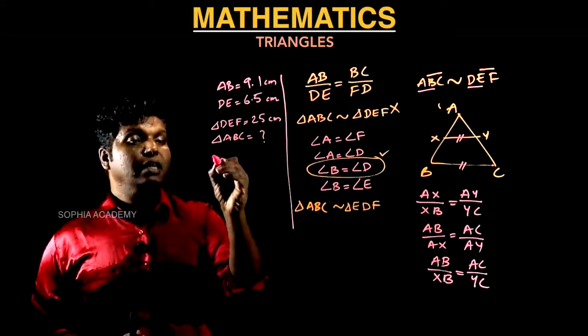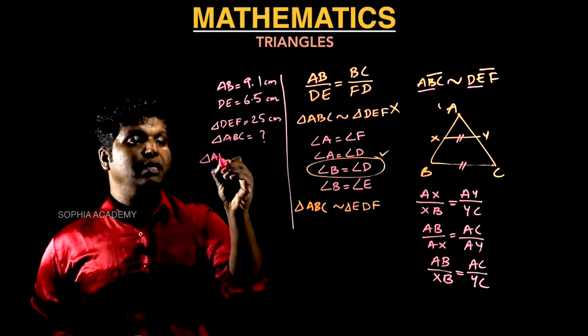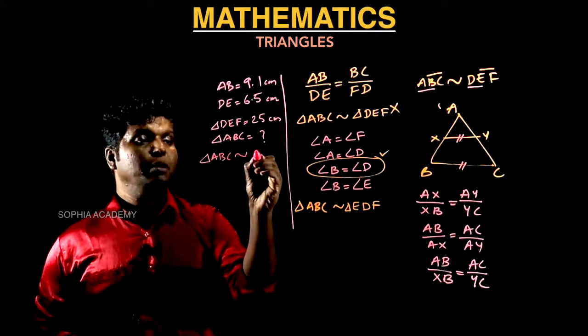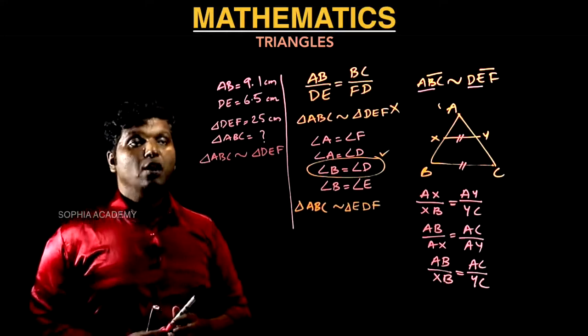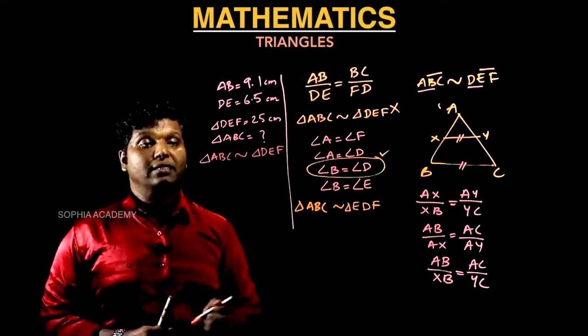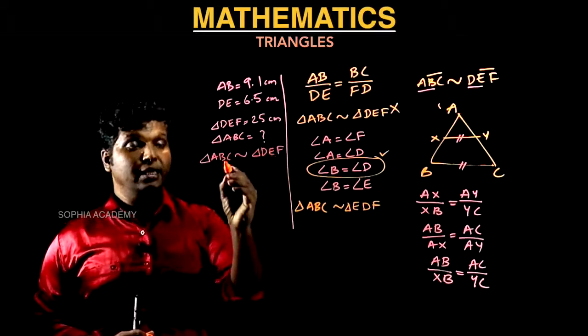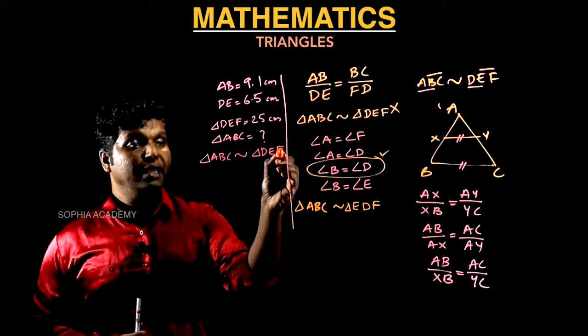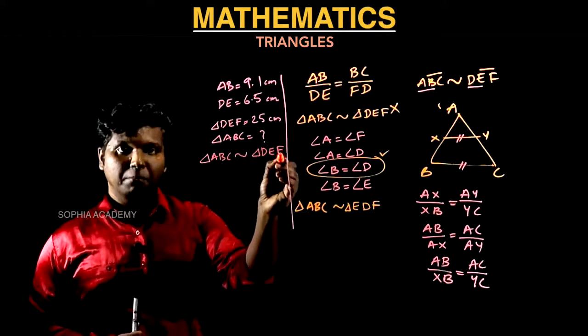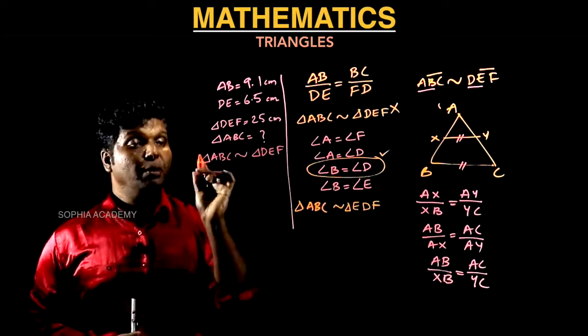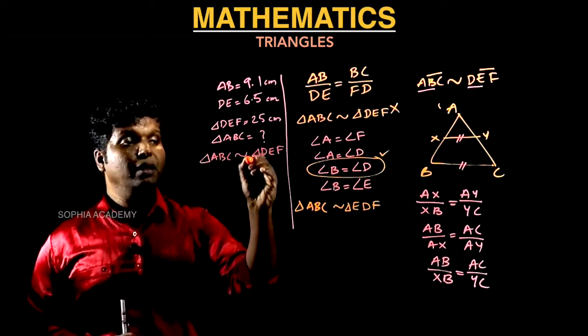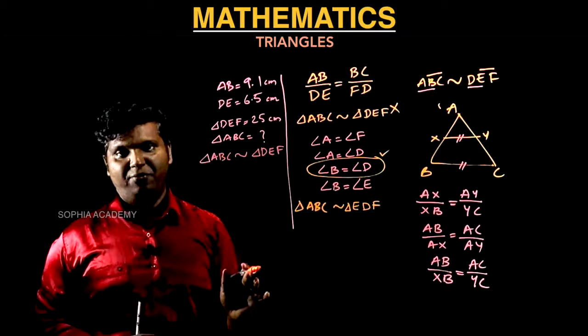So here the condition given is triangle ABC is similar to triangle DEF. From this condition, you can write that AB by DE is equal to BC by EF, and that is equal to AC by DF. These are the 3 things which you can write. And that is also equal to the perimeter of ABC divided by the perimeter of DEF.